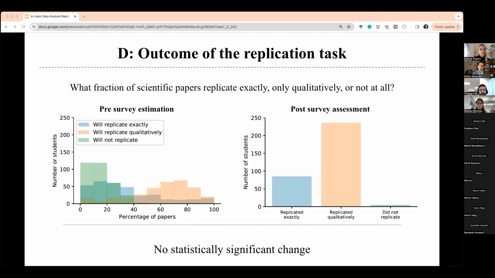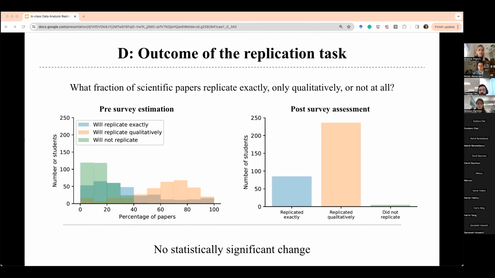Okay, and then finally, regarding the outcome of the replication task, we saw no statistically significant change between what students expected and how the replication attempts worked out. So students did expect the most likely outcome to be qualitative replication.